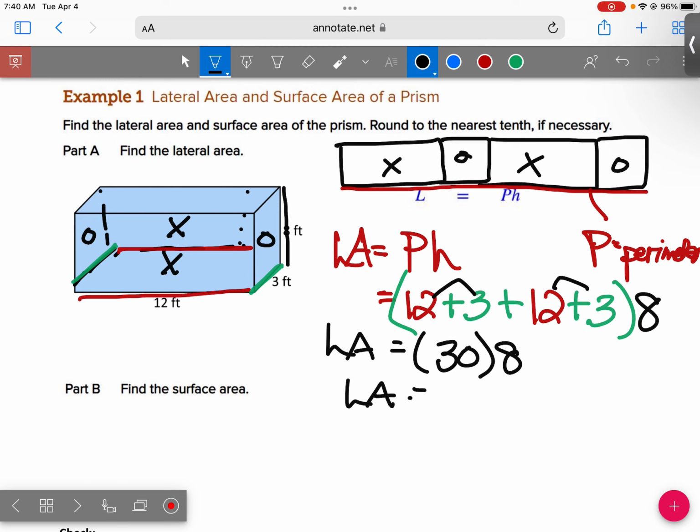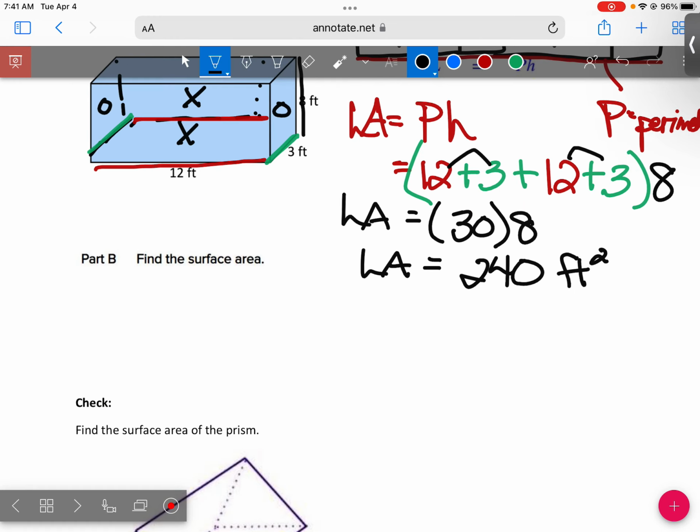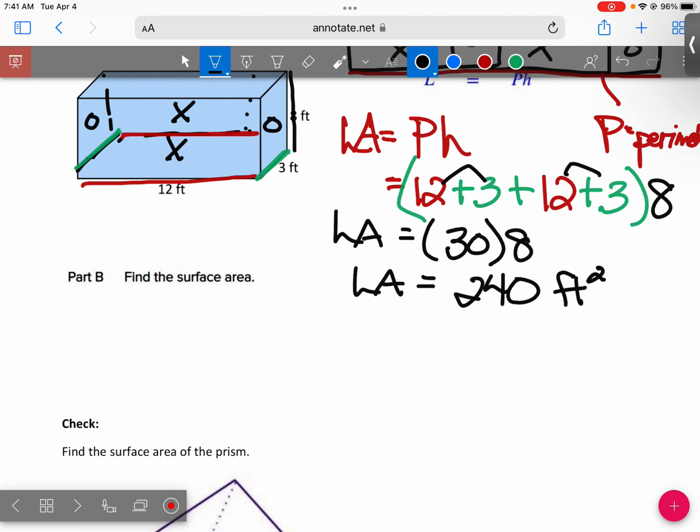So the lateral area is equal to 240 feet squared. Now, that takes care of all the sides, but this is a prism. So I need to add my two bases. So surface area is equal to the lateral area plus my two bases.